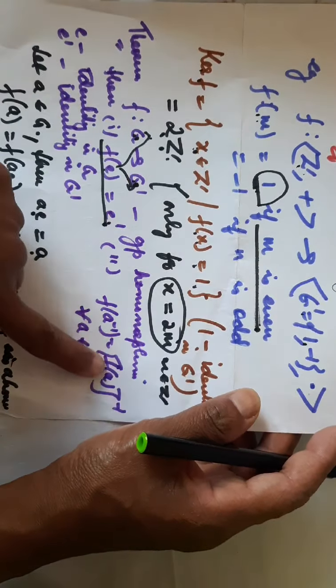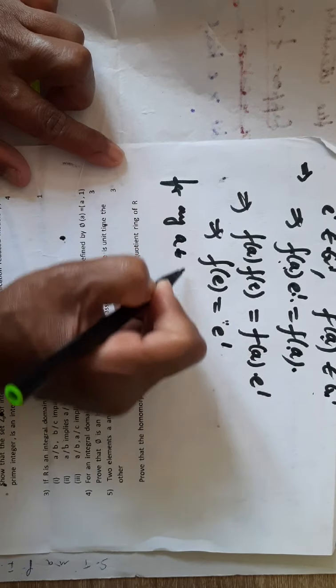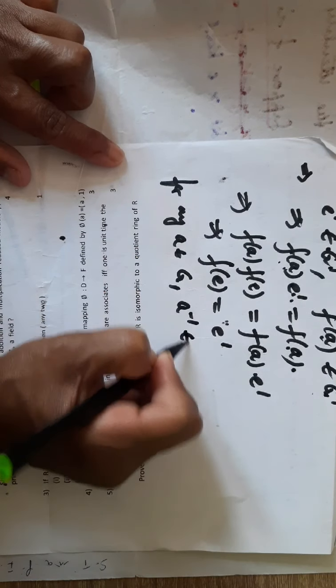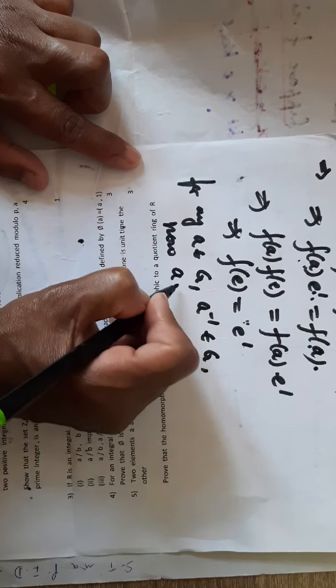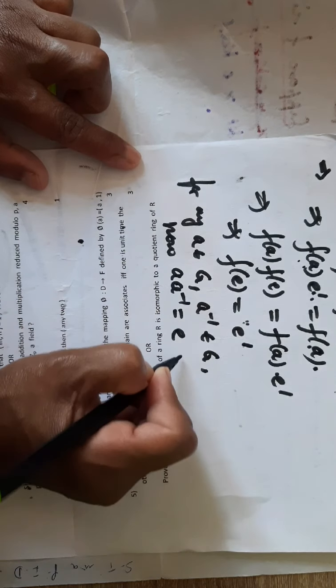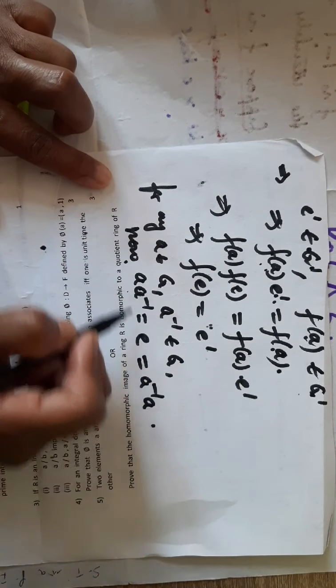Now the second one is, we need to show that f of a inverse is equal to f of a the whole inverse. So for this one again, for any a belonging to G, a inverse also belongs to G. Now e being the identity, e will be equal to a inverse a. Now let us apply f on this one.